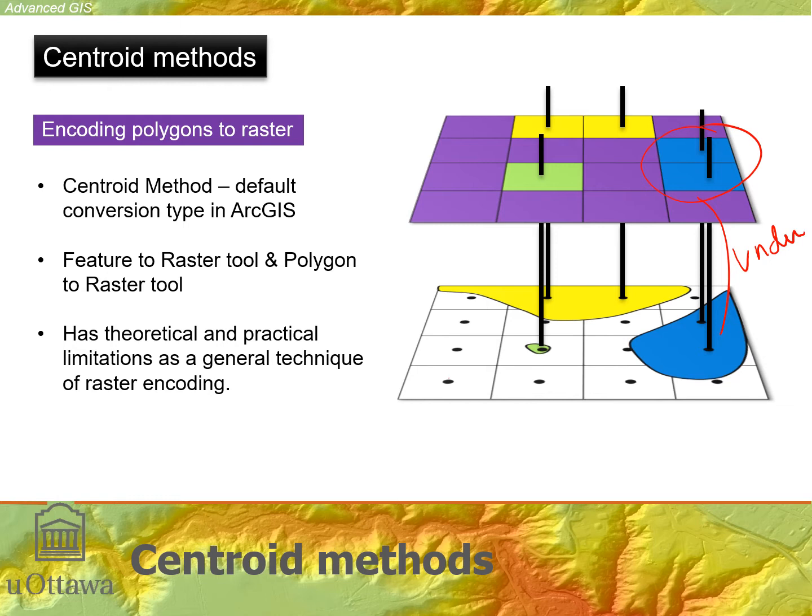So underrepresentation can also happen. And that again depends on our cell size. So with a smaller cell size, we could get better representation of those features. So the Centroid method has issues, and we should never blindly apply it when undertaking raster encoding.